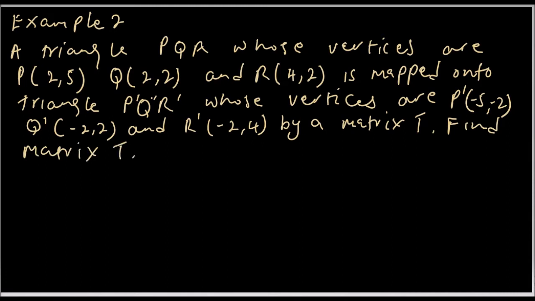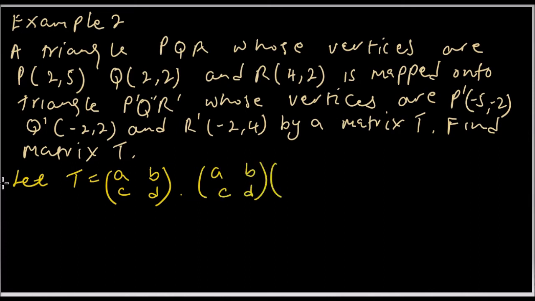In this case, we are not going to draw the triangle, because we are not required to do that. What we will do is say, let T equal A, B, C, and D, and therefore we multiply the two matrices. We multiply A, B, C, D by the matrix formed by the object, that is P is 2, 5, Q is 2, 2, and R is 4, 2.